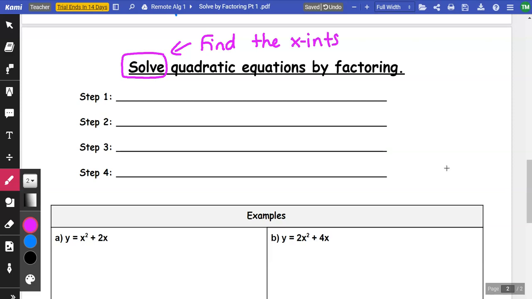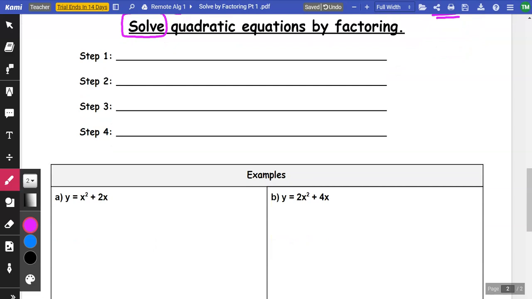And what else can we call the x-intercepts? They're also known as the zeros. Find the zeros of the equation. So I've got 4 super duper easy to follow steps for you for solving quadratic equations. And these steps should work every single time.